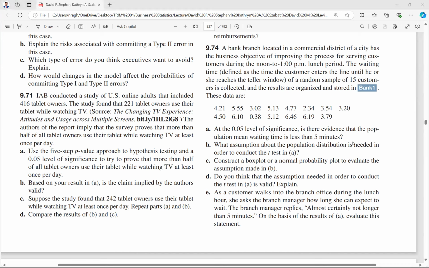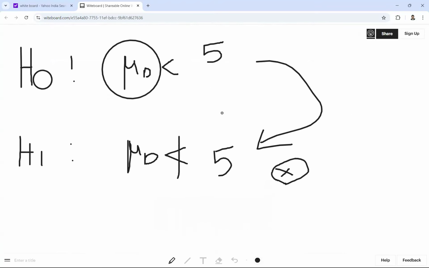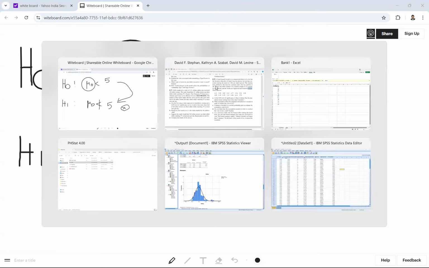See my hypothesis. If your hypothesis is greater than 5, then you should take the lower tail. It depends on how your hypothesis is. I am assuming they are asking to test if the population mean is less than 5. First my assumption is, yes, it is less than 5.